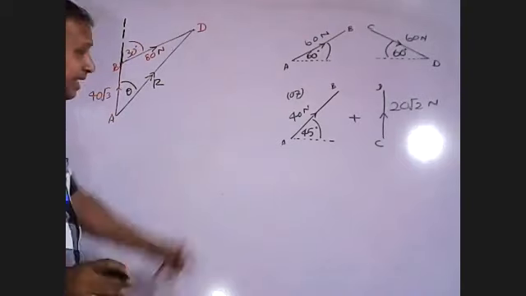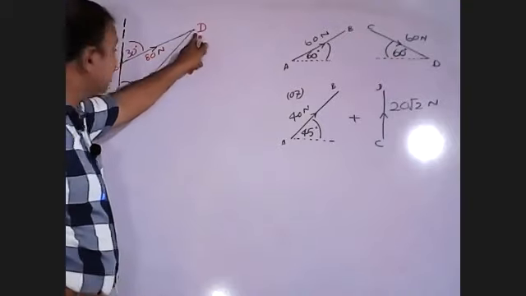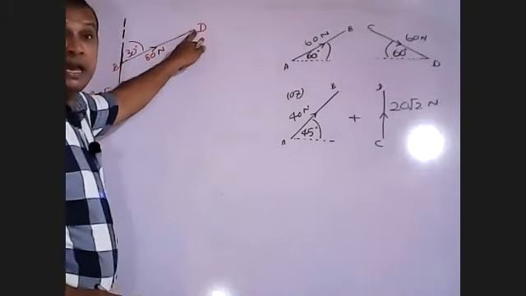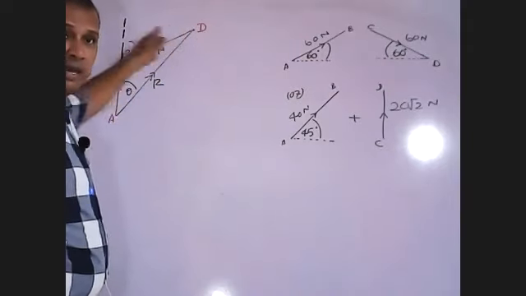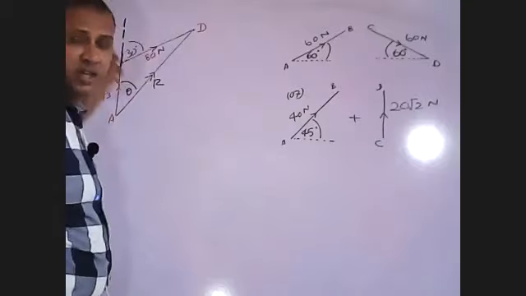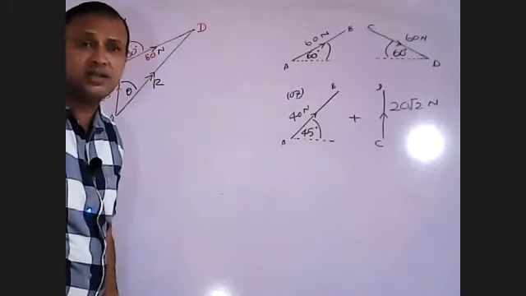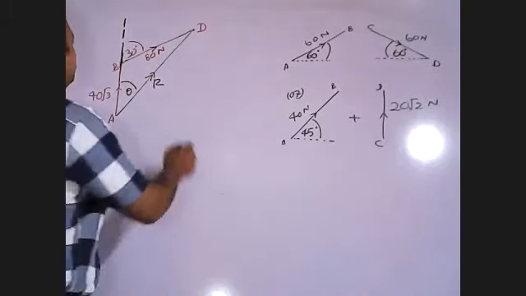This is the AB line. Then I drew a perpendicular from D to the AB line. This is a construction. You are free to do any construction.